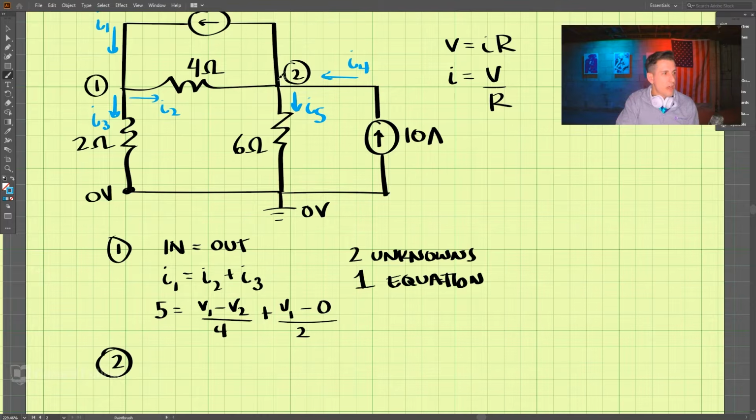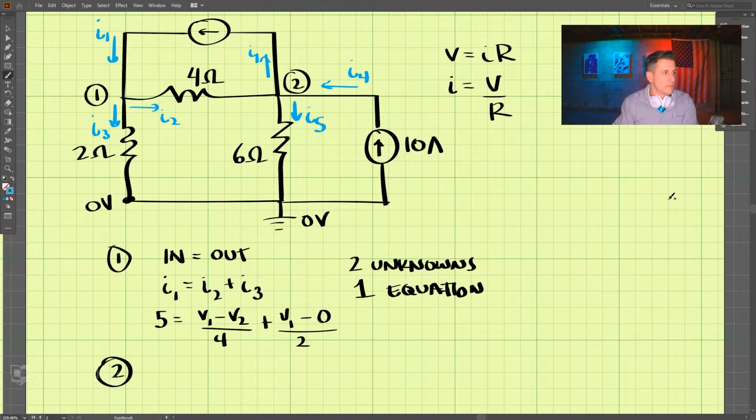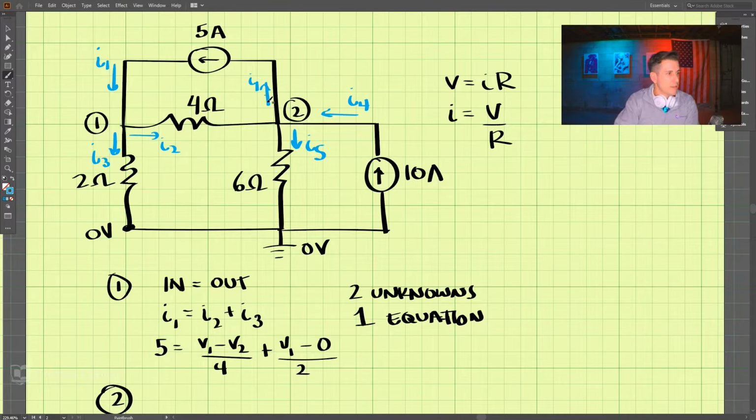And this is I1 here. This is the same as this. This is the same, so we do not necessarily need to write that there. And then coming in this way, that is I2.